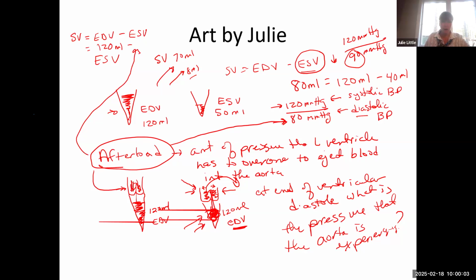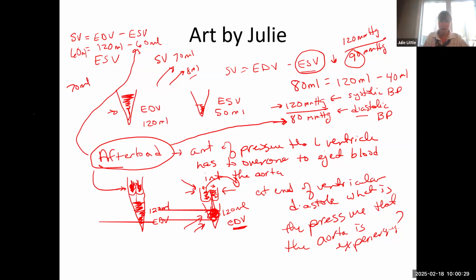If we've got too much pressure coming down here and the left ventricle contracts, it can't send as much blood up. So let's take our stroke volume and reduce it. The normal volume we've been using is 70. We can't get as much blood out. So what does that do to the end systolic volume? Well, 120 minus 60 is 60. In our normal equation that we've been using, it'd be 50 milliliters.